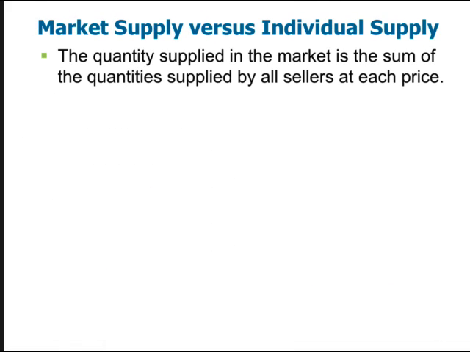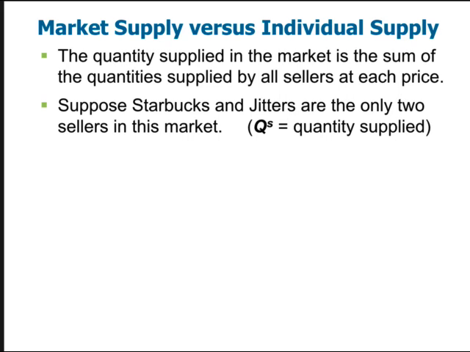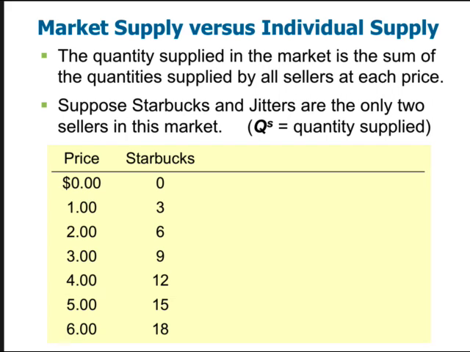Okay. Market supply and individual supply are just like market demand and individual demand. We have 2 companies in the market here selling lattes. We have Starbucks and Jitters. So when we take both of their supply schedules and add them together, we end up with market supply.